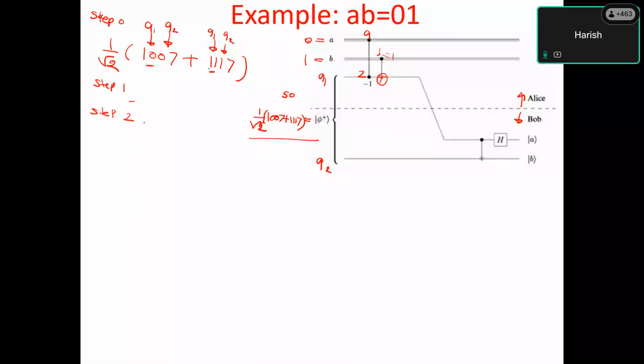Can I tell what it will do? This 0 0 will become the flipped state once the gate has been applied. In step 3, what we are doing is we are sending it. So simply send it. At step 4, we will be applying control NOT from qubit 1 to qubit 2. So if you remember from the initial slides, this is the first qubit, it is the control qubit, and whenever it is 1, it will flip.